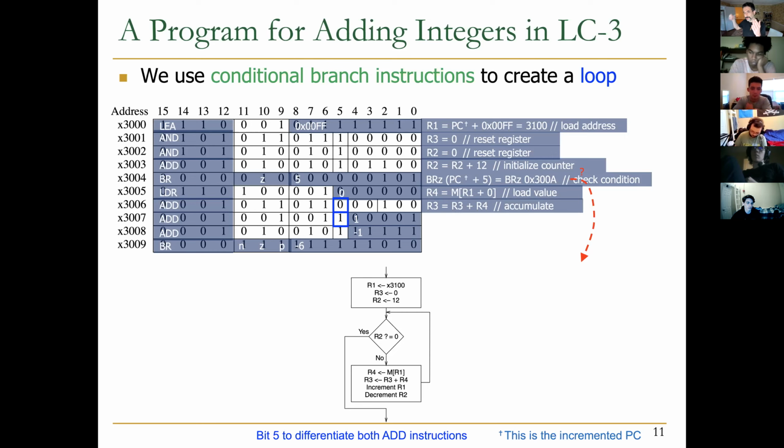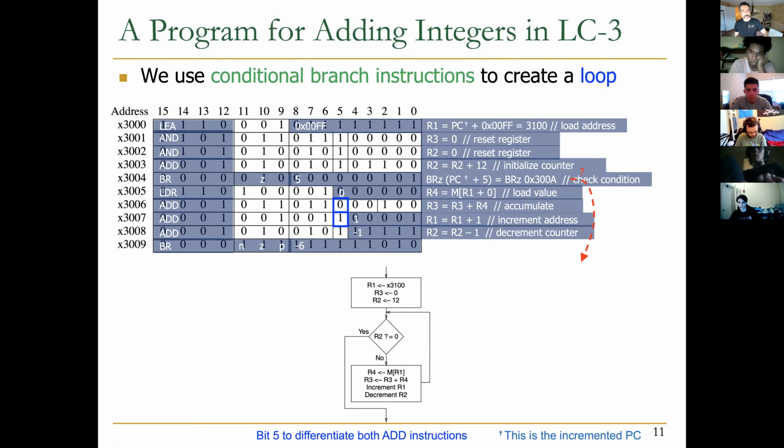Previously we put it into R4, now we add it to R3. Next we increment R1, and again in this case we use add, so we add to R1 here to increment the address.